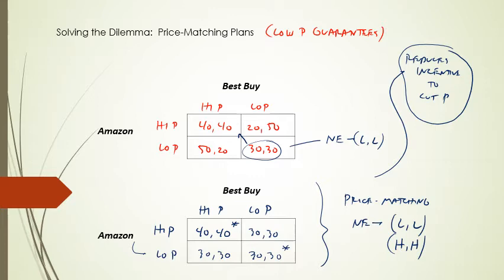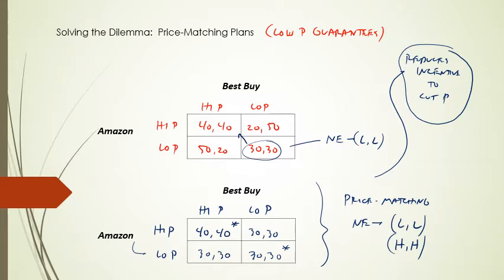But if both go low, then both end up in a worse spot. They both get 30 instead of 40, which is what they would have had at a higher price. So this gives us the classic Nash equilibrium outcome of low and low. And we can see that it's a prisoner's dilemma because high and high would result in higher profit. You might want to go back and review those best response circles and squares to get that Nash equilibrium.